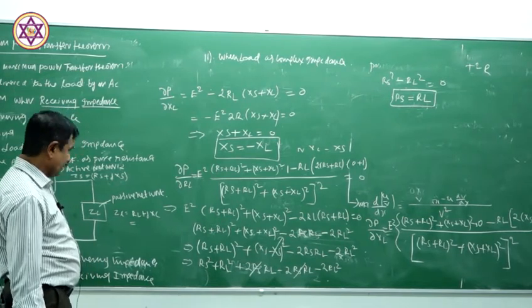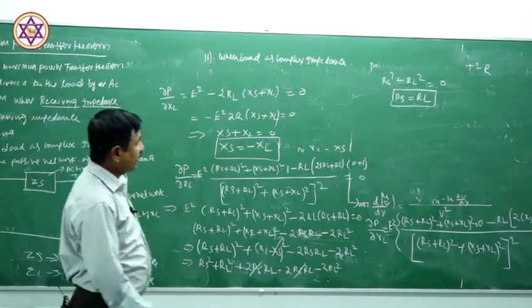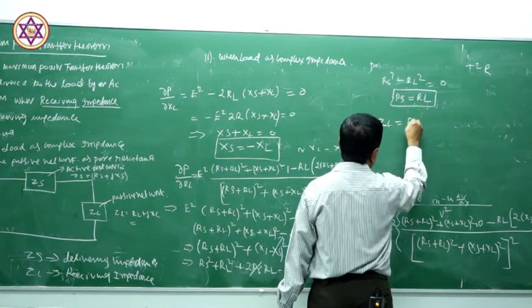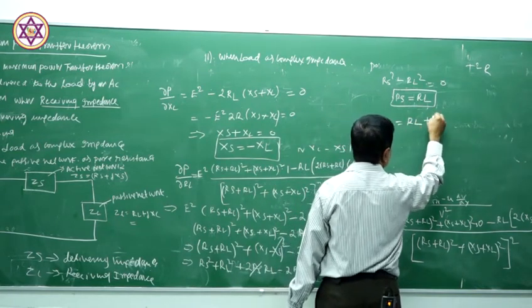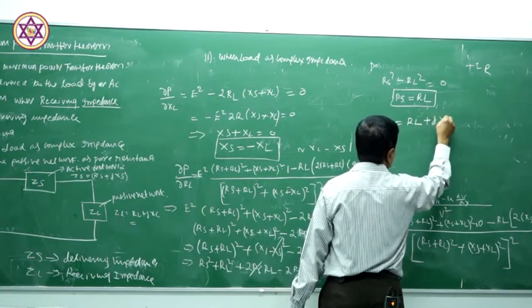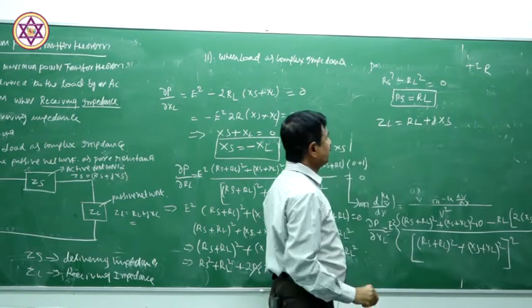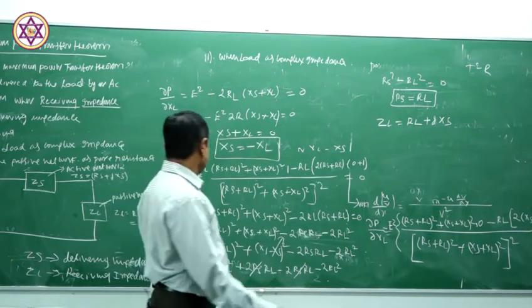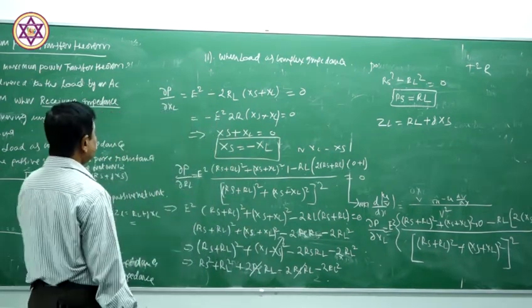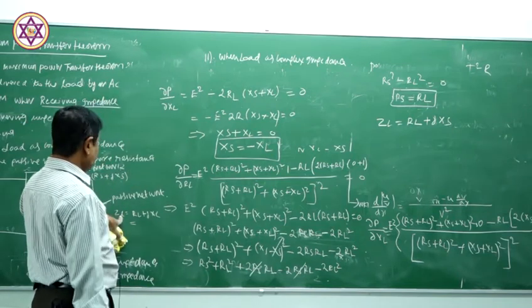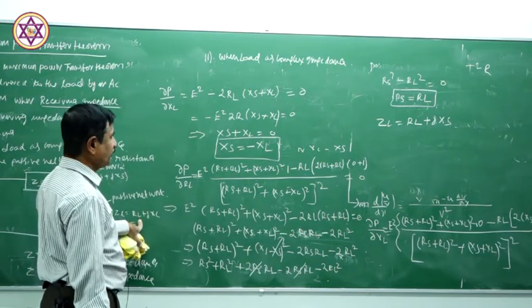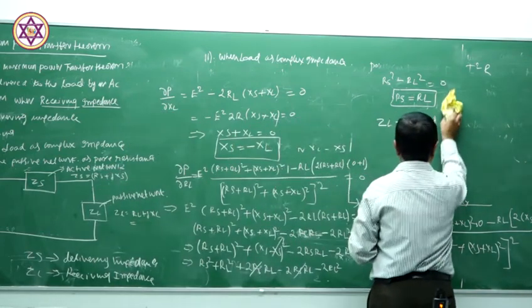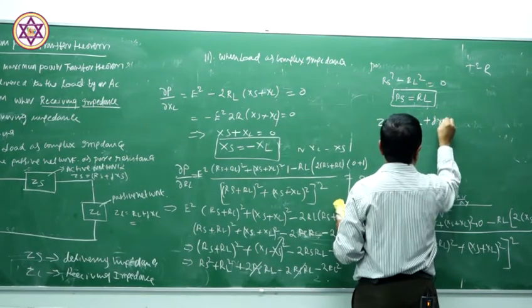By comparing, what does ZL represent? What is ZL equal to? ZL is equal to RL plus JXL, isn't it?